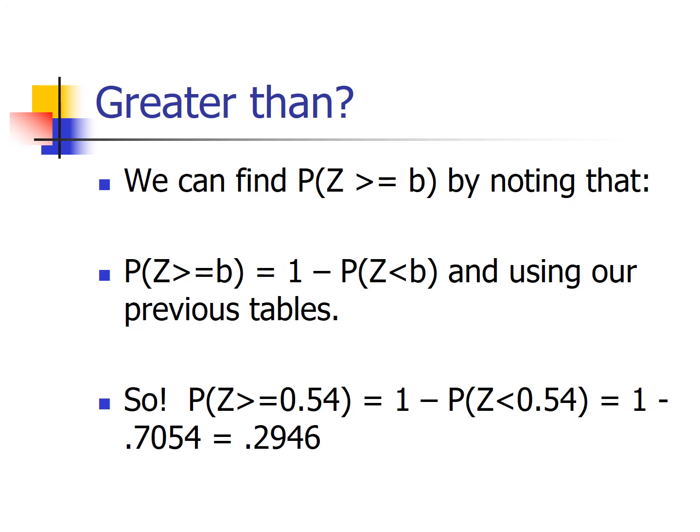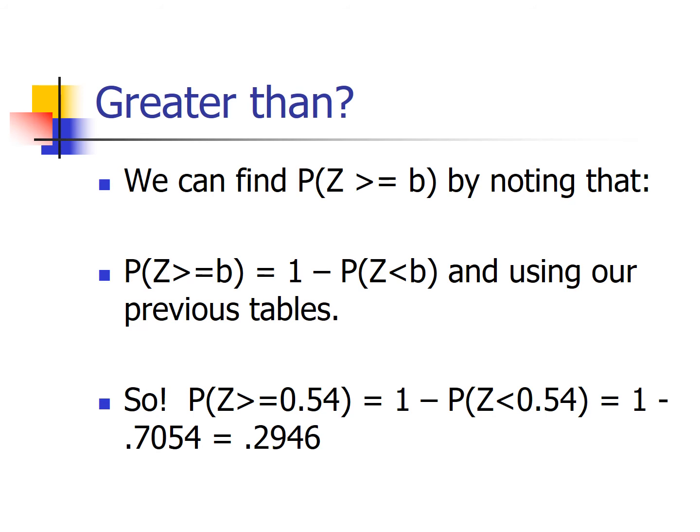And so how do we do it? Well, we try to be clever, we try to be inventive, we try to be innovative. We try to find a way to take this complex problem and break it down, to re-express it in terms of problems that we already have mastered, that we already know how to solve. So it turns out that we can re-express these greater than problems in terms of CDFs, in terms of less than or equal to problems.